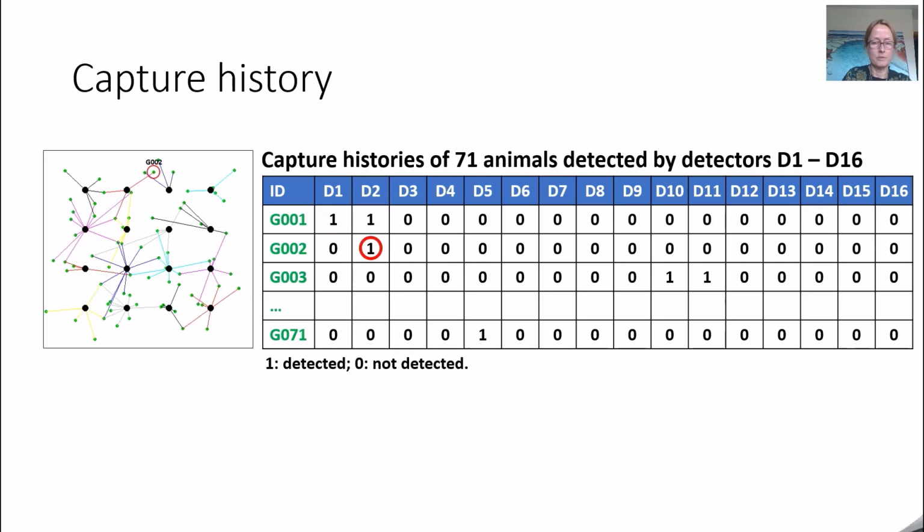Animal 2 was only detected by detector 2. Animal G3 was detected by detectors 10 and 11, and so on. Lastly, we do this for all 71 animals. The last animal, shown again here, was detected by detector 5 only. I couldn't fit in 71 rows, so 1 row for each animal here, of course, but the real capture history contains 71 rows.